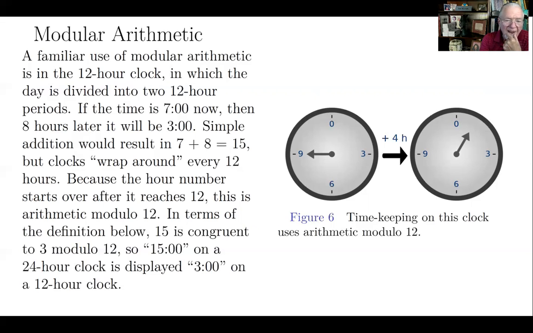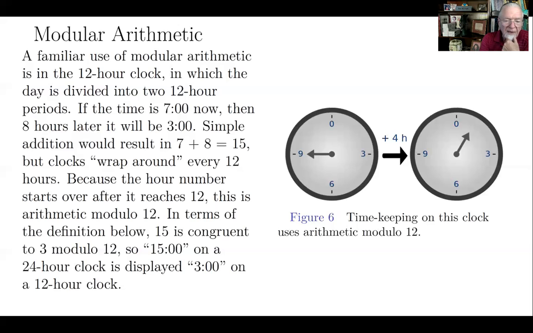So when it goes over 12, you subtract 12. 15 minus 12 is 3. So that's how you get the 3. And the hour numbers always repeat after 12. If you start at 9, you go around, you get back to 9. If you start at 6, you get to 6 after 12 hours.